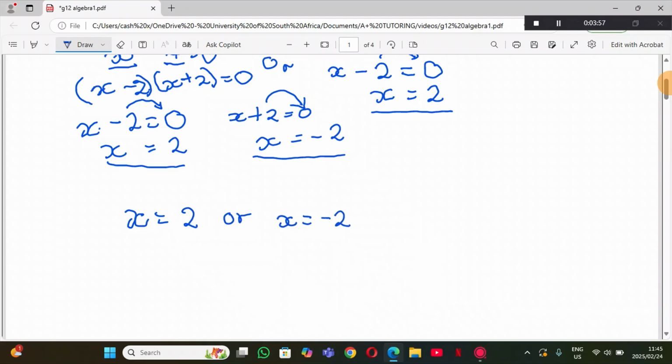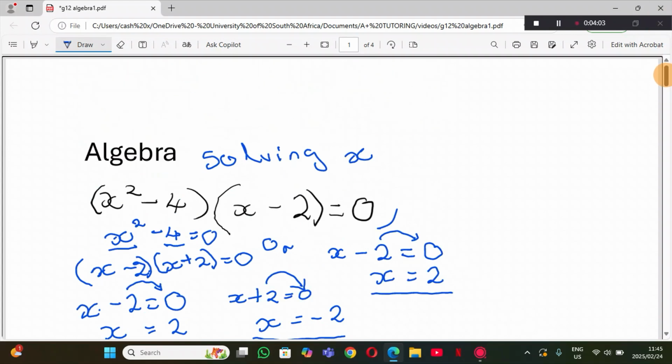Because if you take any of these and go back to the initial question, if we put 2 in there, we have 2 squared minus 4, and then the bracket 2 minus 2. Let me write it this side.